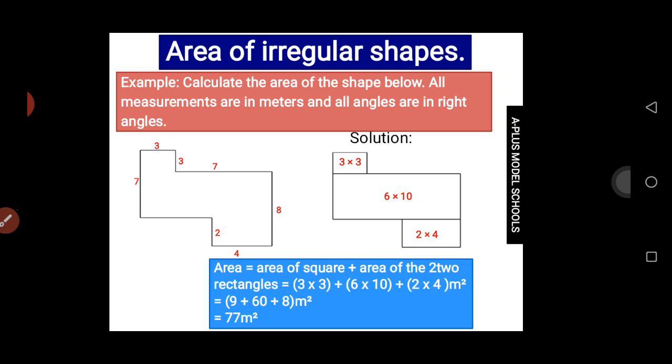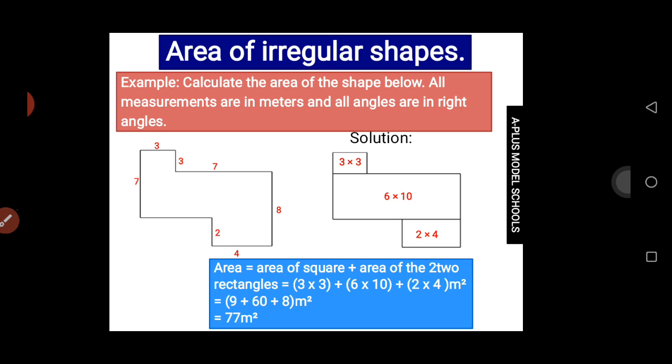And we also looked at the formula for finding the area of a trapezium, which is 1 over 2 open bracket a plus b close bracket multiplied by h, before we ended with the area of irregular shape.